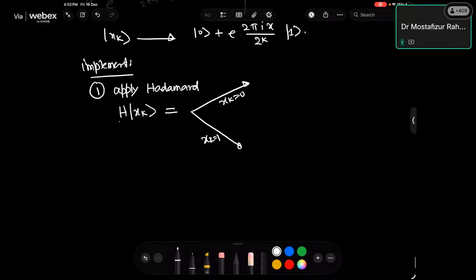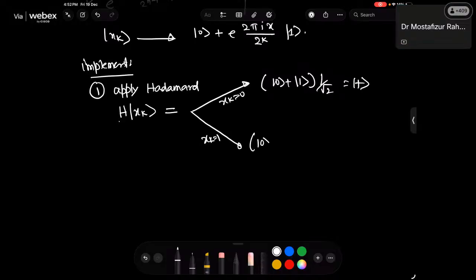So if I apply Hadamard to the state xk, and xk is 0 or 1, if it is 0, then I am getting 0 plus 1 by square root 2, that is the plus state, right? And if it is 1, then I am getting 0 minus 1 by square root 2, that is the minus state.